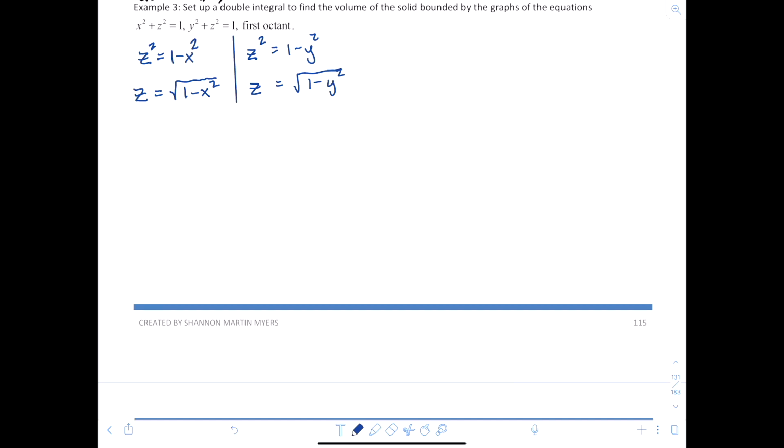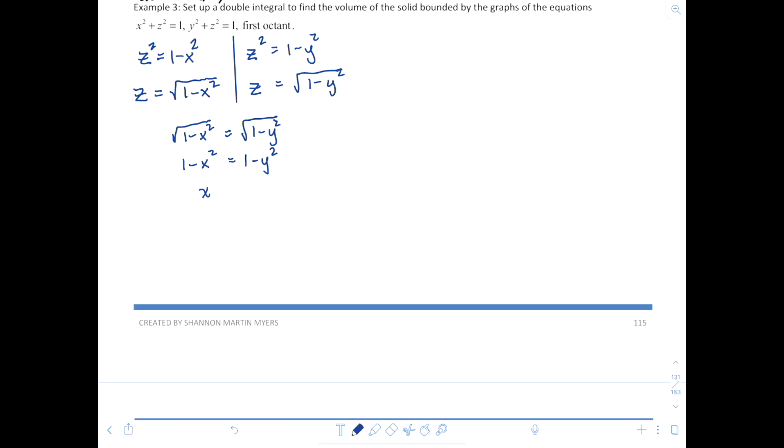So, okay, equating these things, and also remembering that x and y are positive, we would have root 1 minus x squared equal to root 1 minus y squared. So 1 minus x squared has to equal 1 minus y squared.